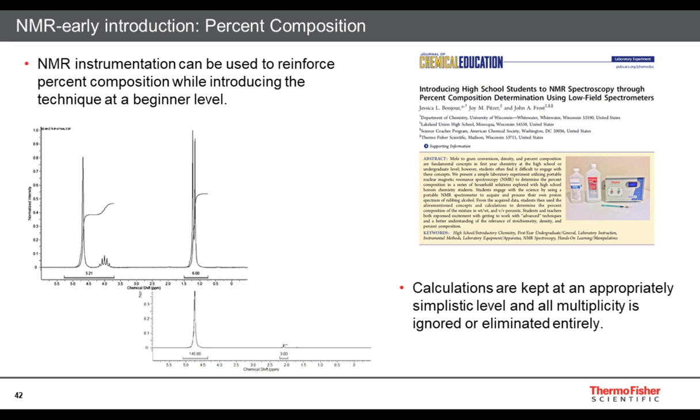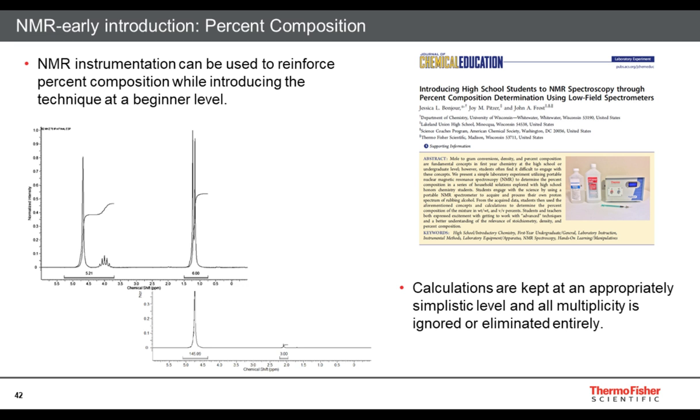Another concept that comes up in every general chemistry course is percent composition. And so you can look at some very simple solutions of rubbing alcohol or vinegar in water. In those cases, you can neglect multiplicity and everything about the NMR itself and just focus on letting the students warm up to the use of instrumentation, realize that there are other ways to measure things that are colorless and so may not have a visible absorption.